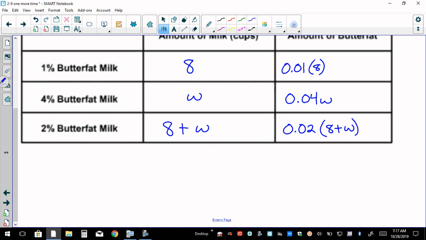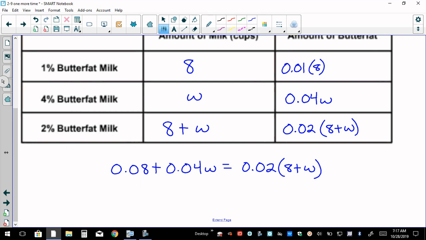So we have 0.08 plus 0.04W, which is our 4% butterfat milk, and that's going to equal our 2% butterfat milk, which is 0.02 times (8 plus W). Okay?